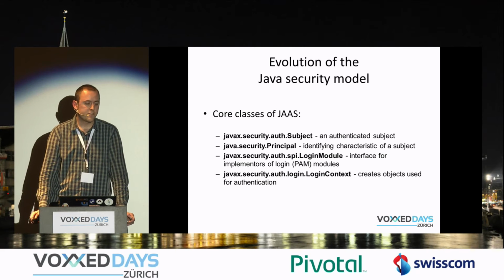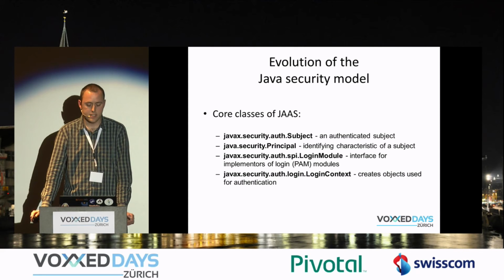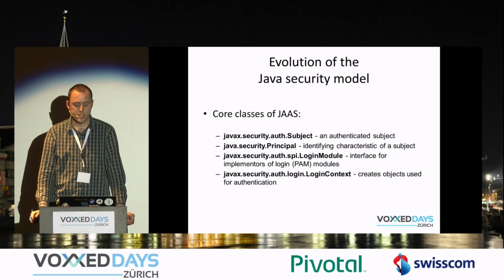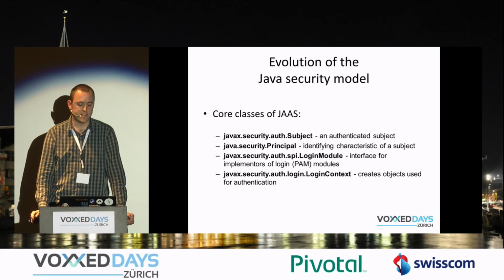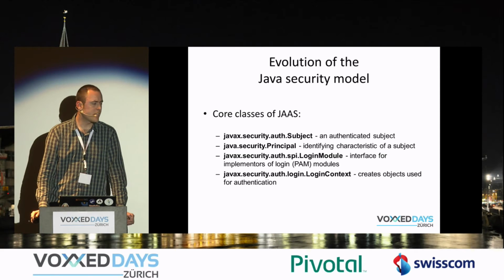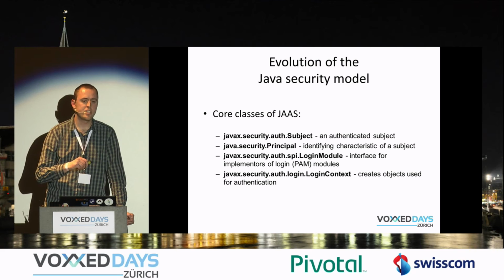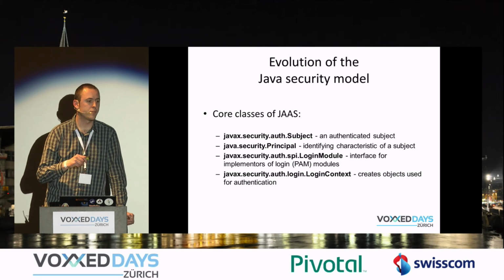Here is the set of core classes that JAAS defines. Before we authenticate a user, we instantiate a login context in JAAS. Each login context can use one or more login modules, which specify an implementation of a concrete login module, for example for logging in against a database, an LDAP server, and so on.